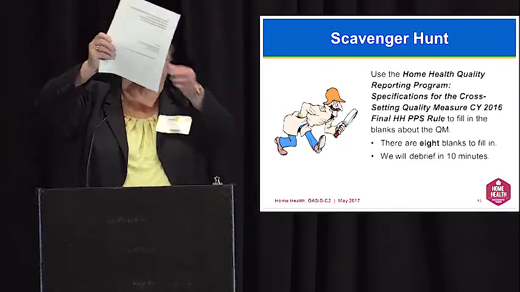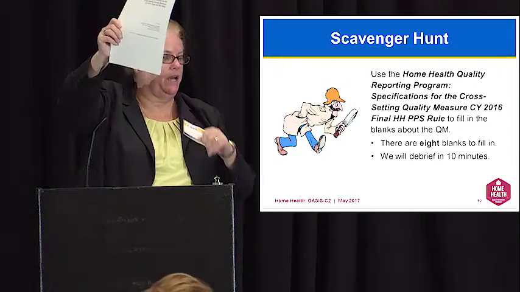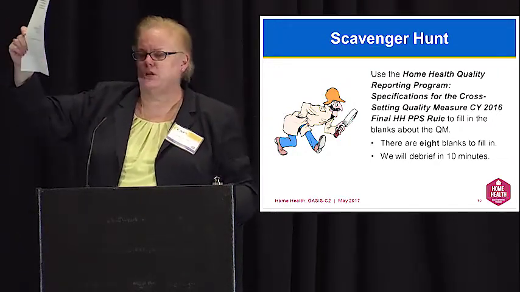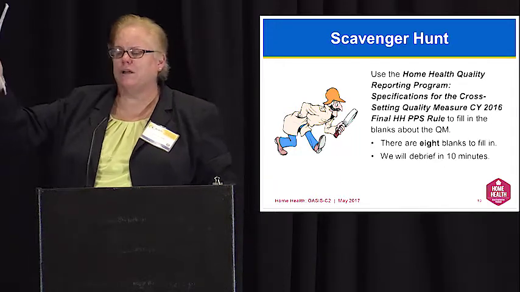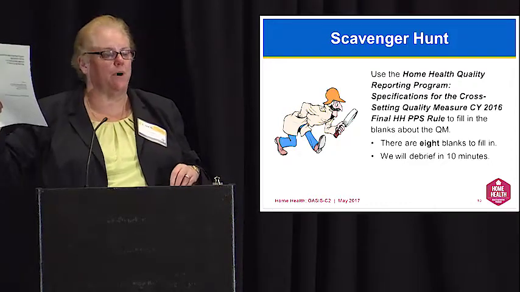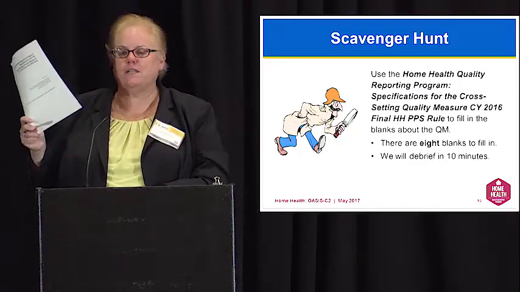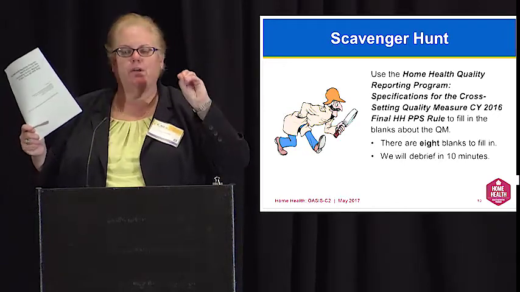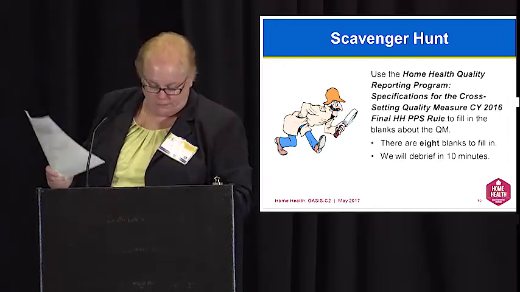It's a thin little packet in the center of your table, I think there's 2 or 3 on each table. If you can pull that, this is a collaborative scavenger hunt, so not everyone gets one. Within the slide deck, for when you get back to your organizations, we have a link in there where you can grab it.